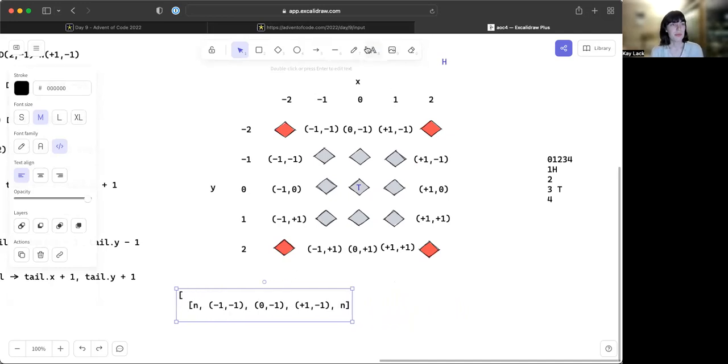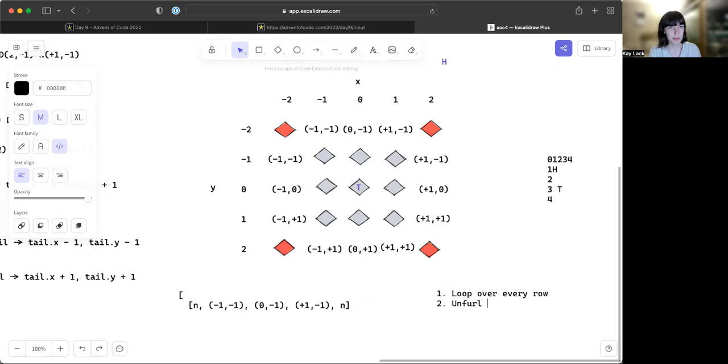Okay. So in terms of a plan, I think this might be quite easy now. Loop over. We need to loop over every row. Unfurl each row to a step.